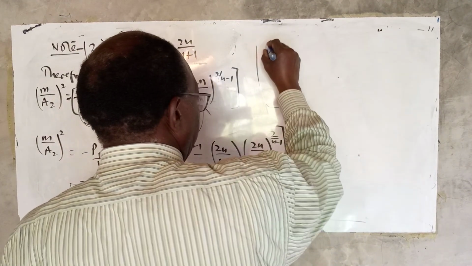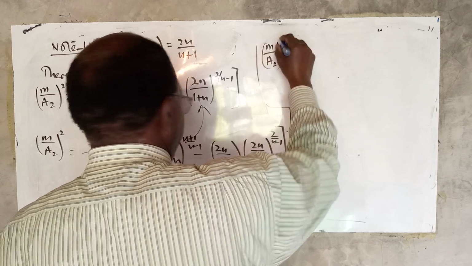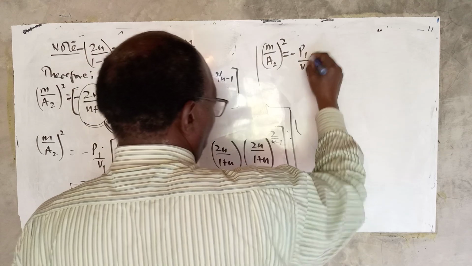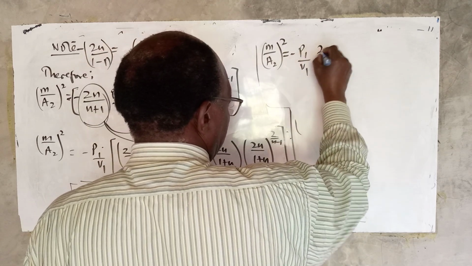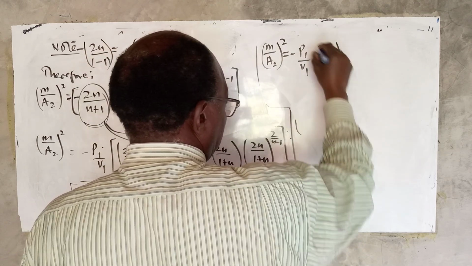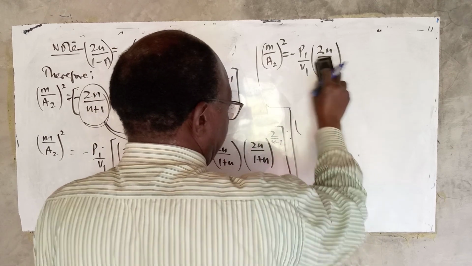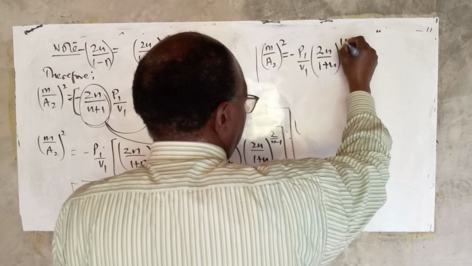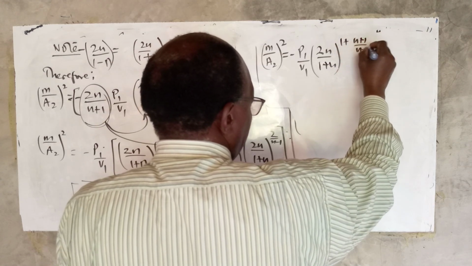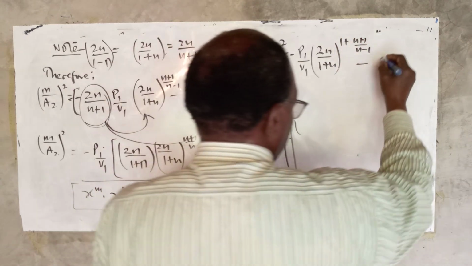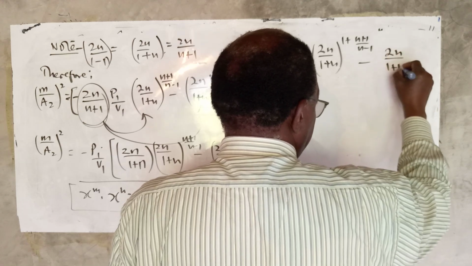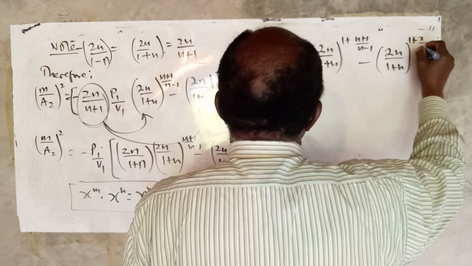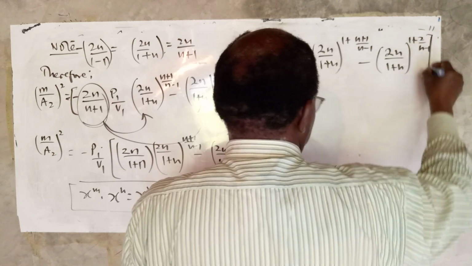If you use that identity, then m over a2 squared will be minus p1 v1 into 2n over n plus 1, 1 plus n, to 1 plus n plus 1 over n minus 1 minus 2n over 1 plus n into 1 plus 2 over n minus 1.